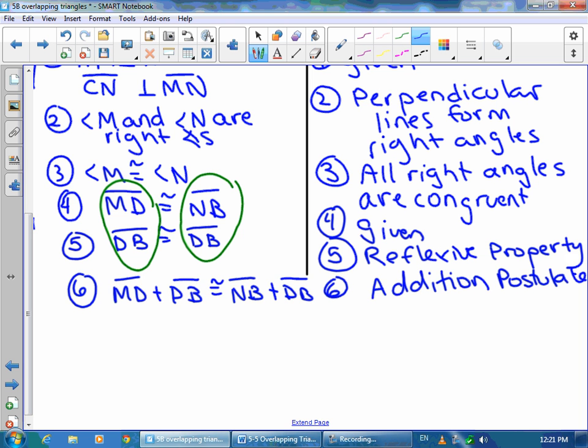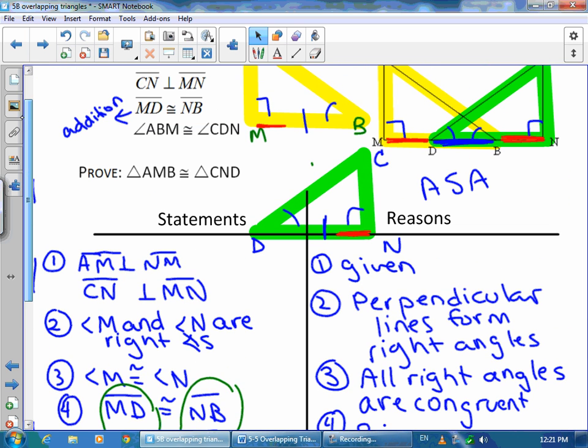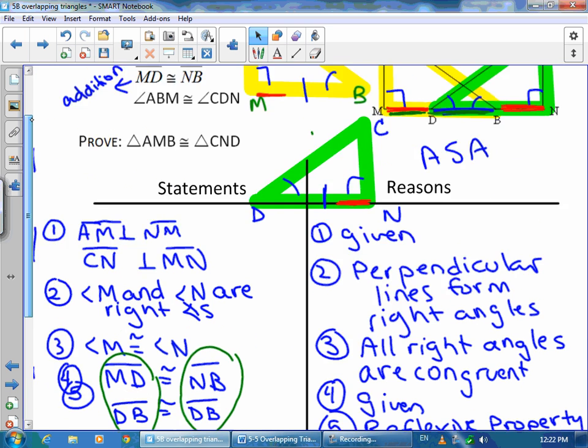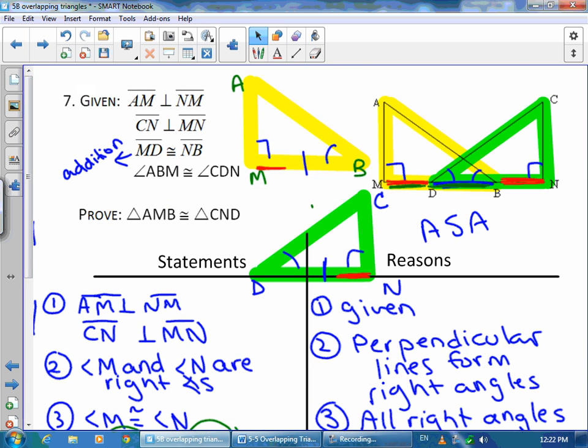And then now we know the last step is substitution. We're just looking for what's another name for MD plus DB. Let's go back to our diagram. MD plus DB is MB. Now we need to look for another name for NB plus DB. NB plus DB is this, so that's ND.